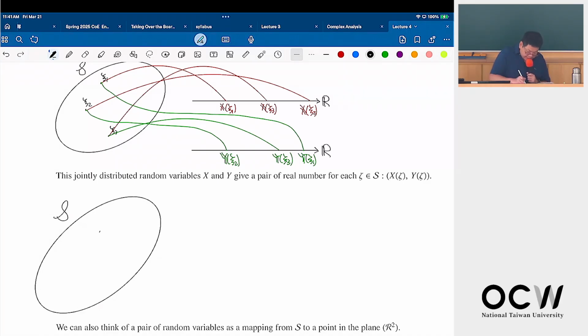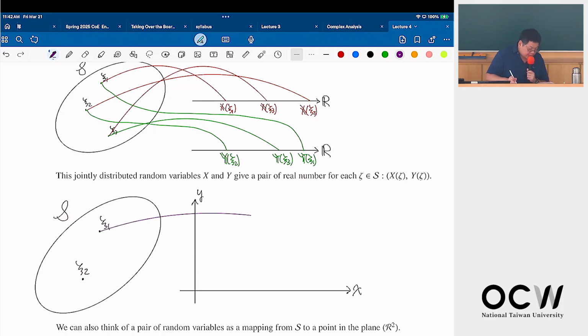I have zeta 1 and zeta 2. Instead of mapping to two real lines, I can map it to a plane, an xy plane. So zeta 1 maps to this point, which we call x of zeta 1, y of zeta 1.